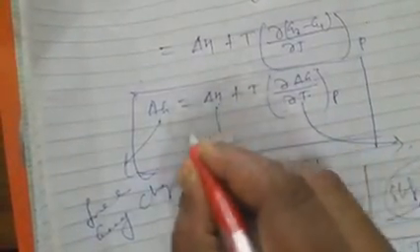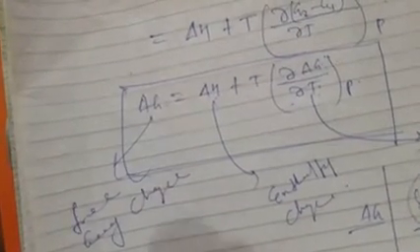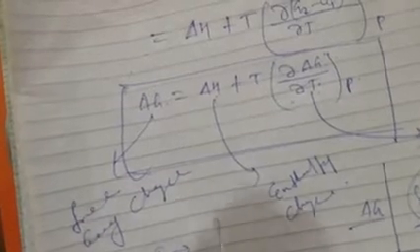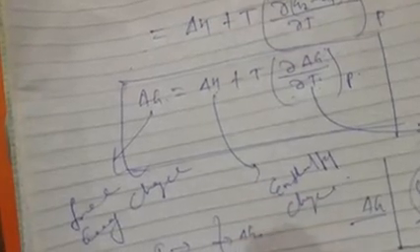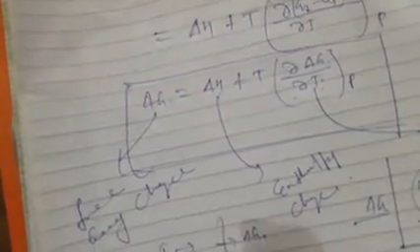Here, if at two different temperatures I have delta G1 and delta G2 given, and in the question I have to calculate delta H at T2 temperature, then this equation is useful.